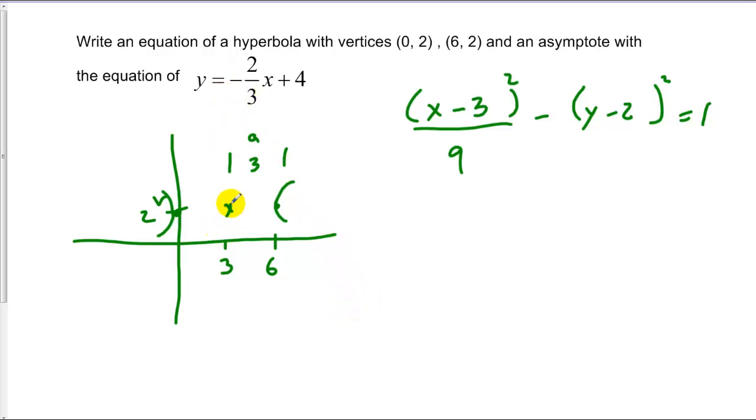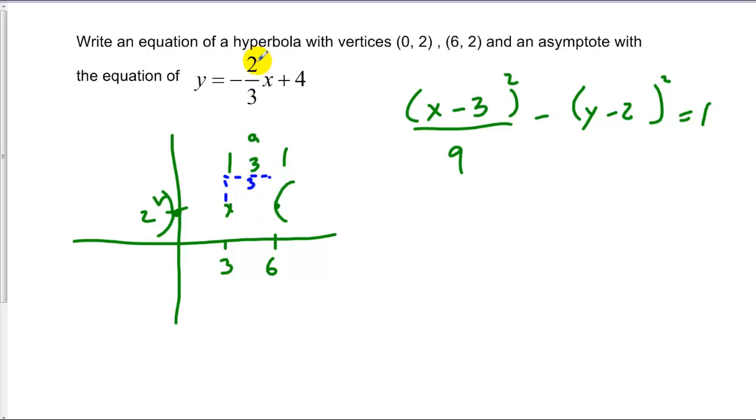Now I know that since it's a horizontal hyperbola, if I want to look at a slope, I rise and run to get there. In this case, my run value is going to be a total of 3.